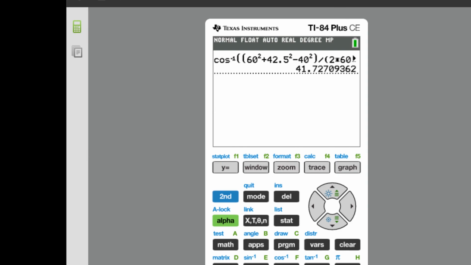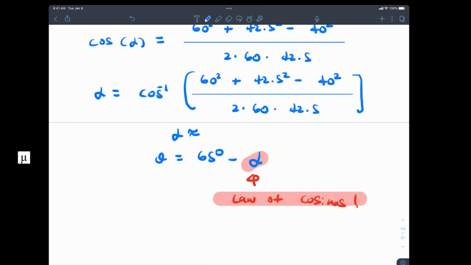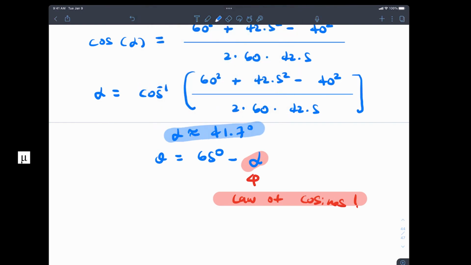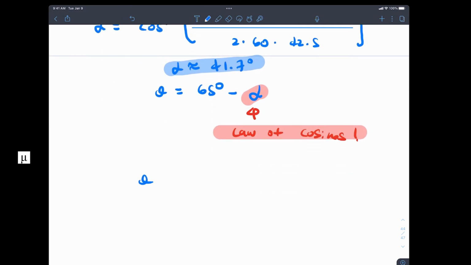So double check, ladies and gentlemen. This is 41.7 degrees. Which is important to find because your real angle is going to be what? 65 degrees minus 41.7 degrees.